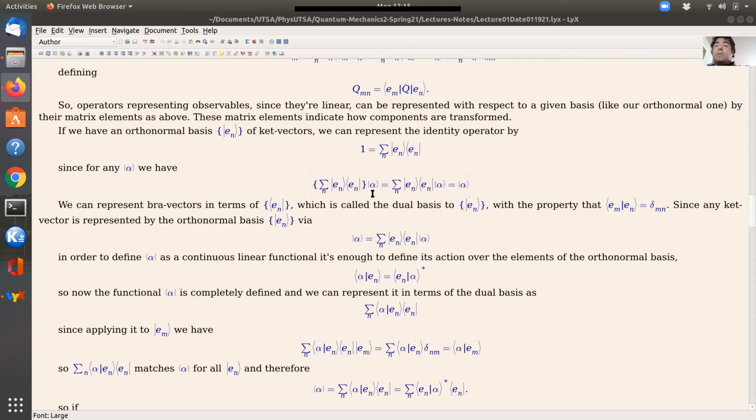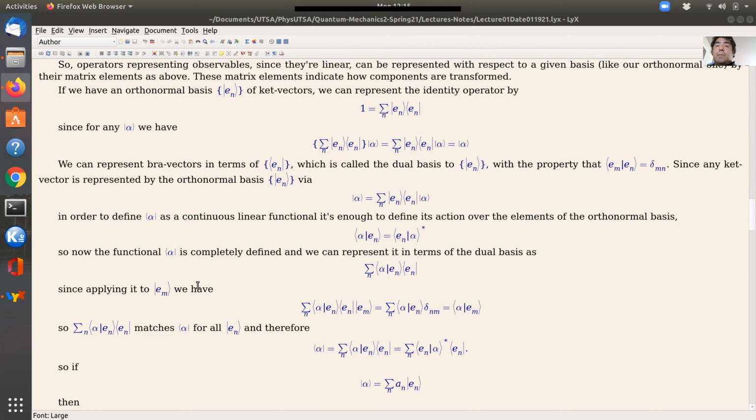So we had this representation for alpha as a ket vector. Now for a bra vector, we have this representation, and the proof is here. Let's say that we basically take the inner product of this expression with em. So what we will have is this vector inner product with em. That's going to bring the Kronecker delta, sorry.